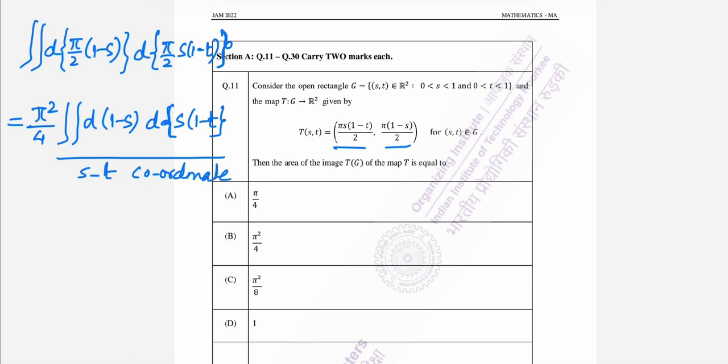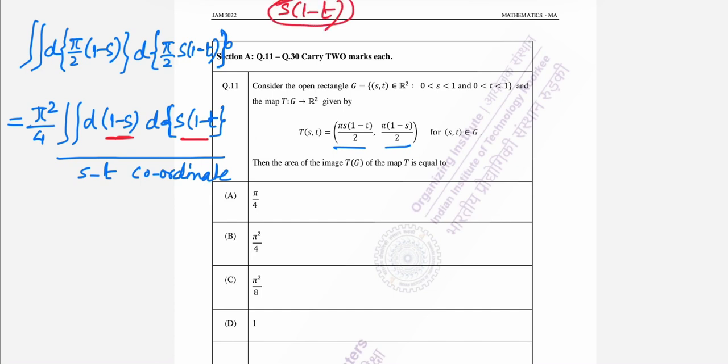If you observe the first one, it is simple, because in it you see only one variable, that is s. But in the second, it is s into (1 minus t).